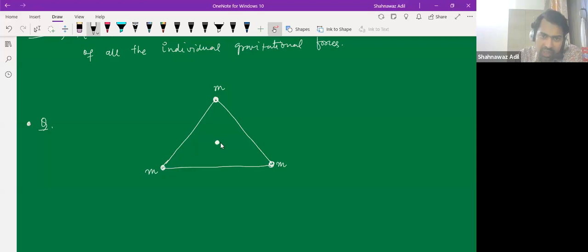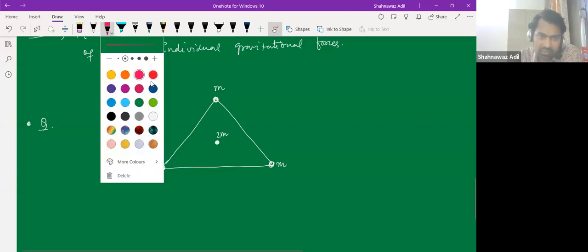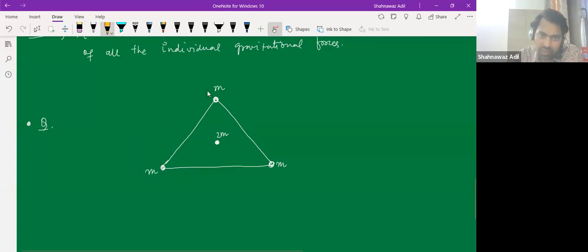Let's say the vertices are A, B, and C, and we want to calculate the force on 2m.